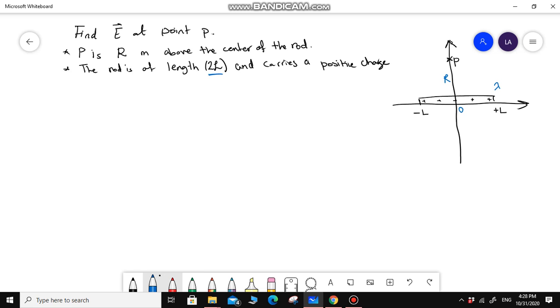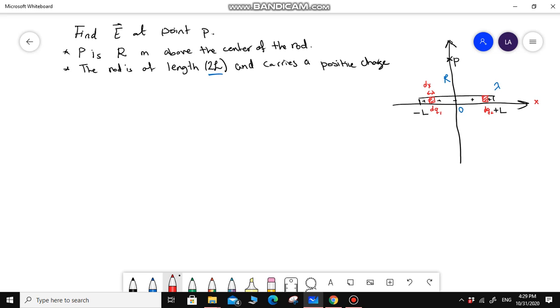As usual, when we deal with continuous charge distribution, we usually take a small piece of the rod that carries a charge dq, let me name it dq1, and the length is dl usually, but because here the rod lays on the x-axis, I can name it dx. And to get use of the symmetry, I will take also another piece here, dq2.